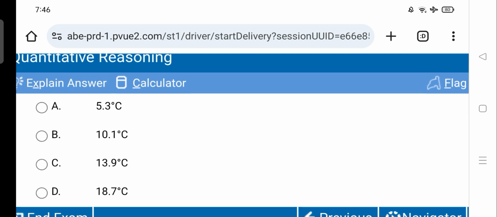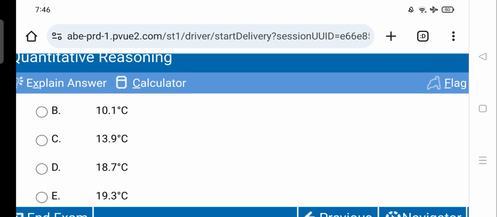Option B, 10.1 degrees centigrade. Option C, 13.9 degrees centigrade. Option D, 18.7 degrees centigrade. And option E is 19.3 degrees centigrade.